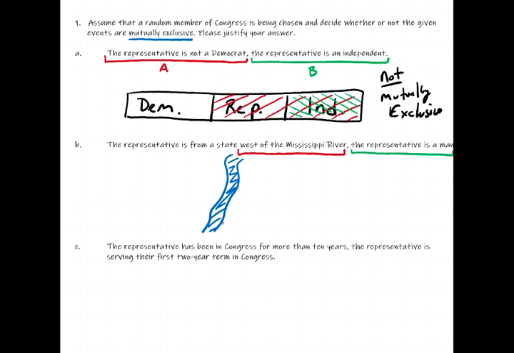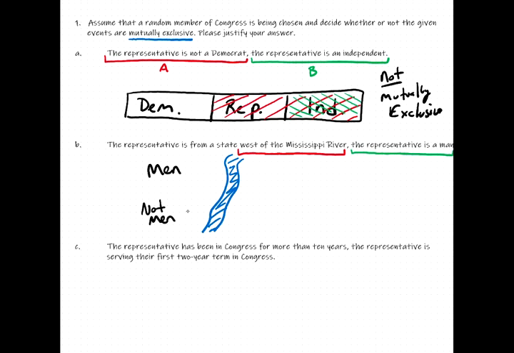So the representative is from a state to the west of the Mississippi River. Well, let's say to the west of the Mississippi River, you have men and you have, I don't want to say women because not everyone identifies as one or the other. So let's say men and not men.